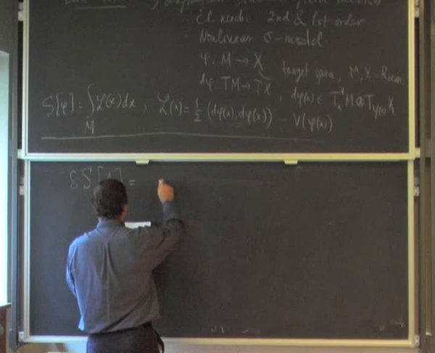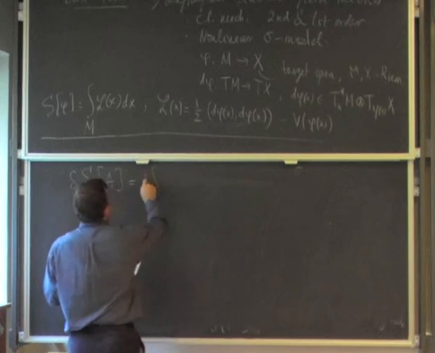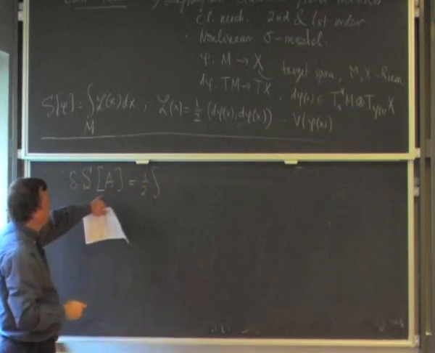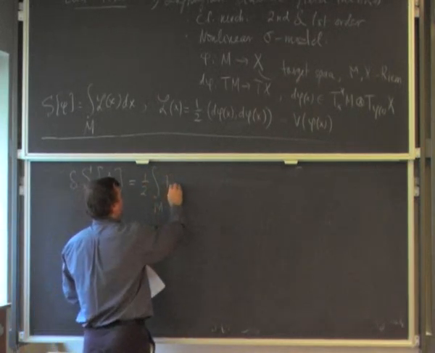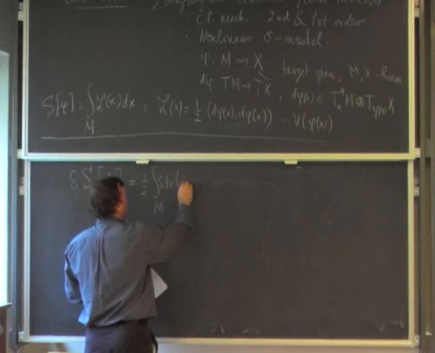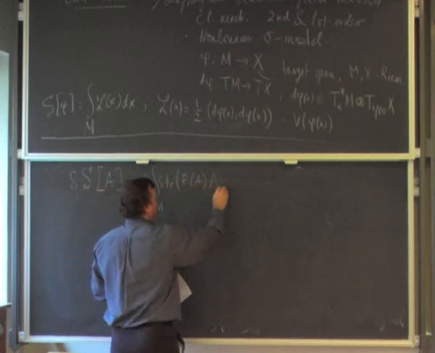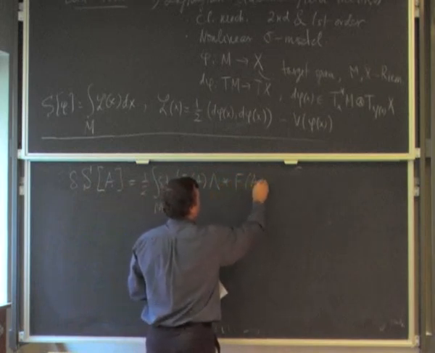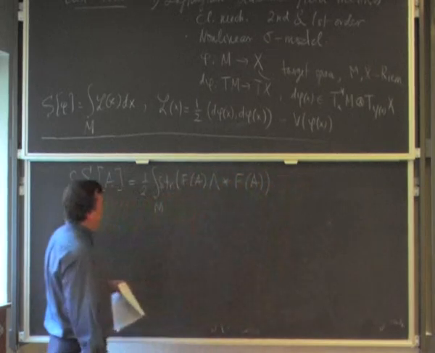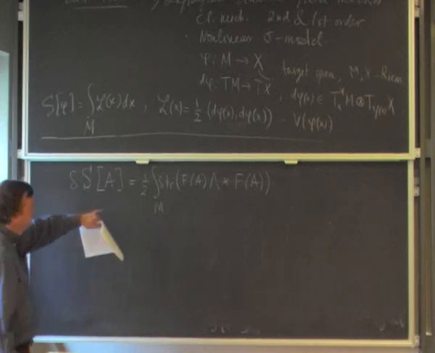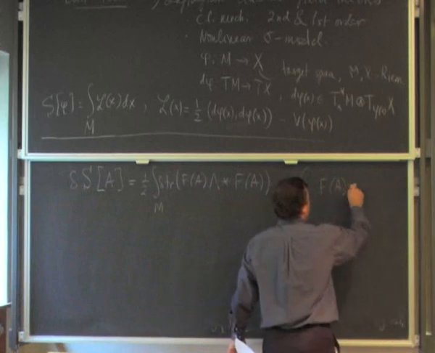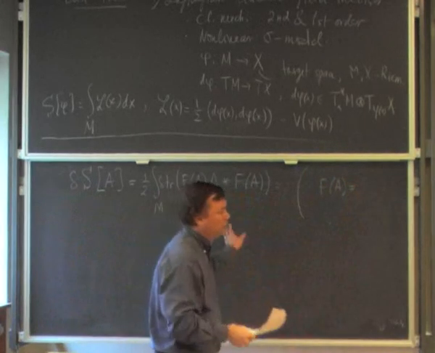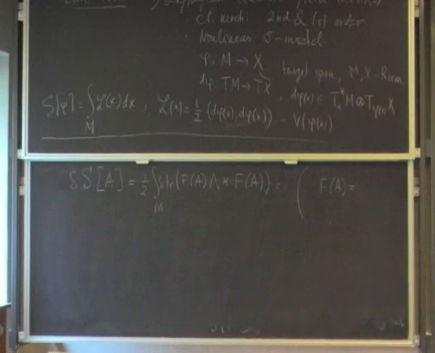Well, for this, it's more convenient to write it in terms of the Hodge star. So we're talking about the variation of A, star and A. So now F. In some sense, I'm skipping the first part in the Yang-Mills theory, and I'm focusing on this part.